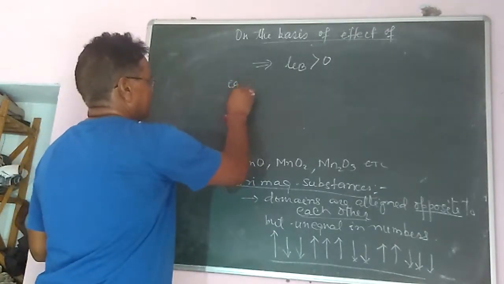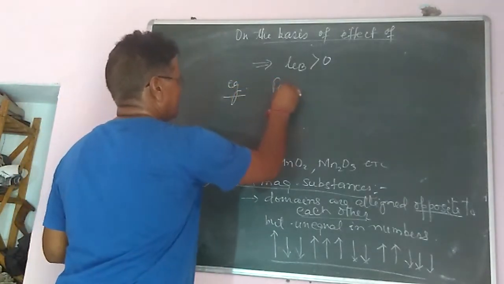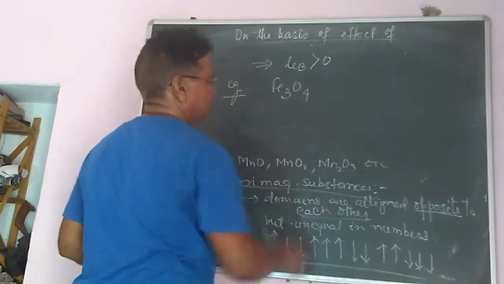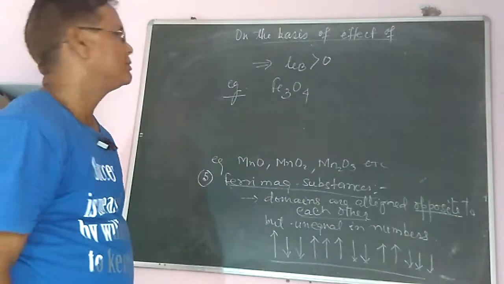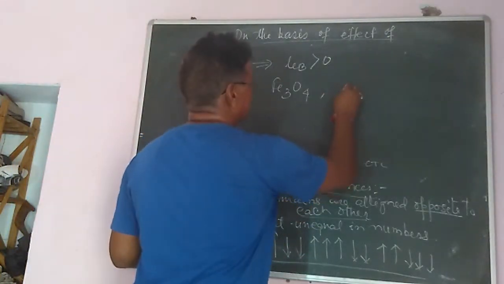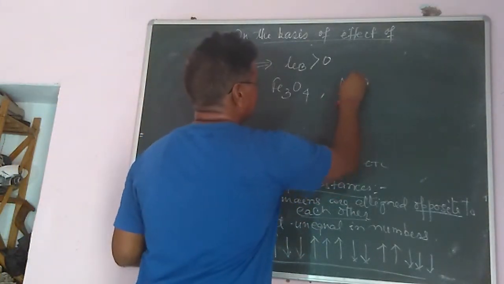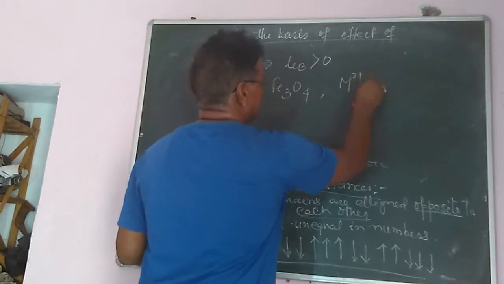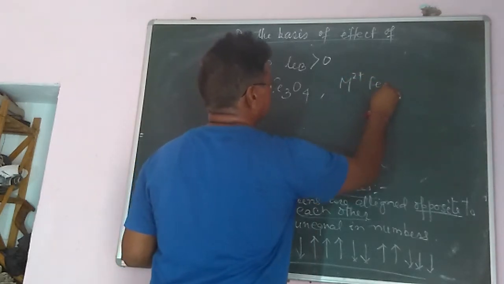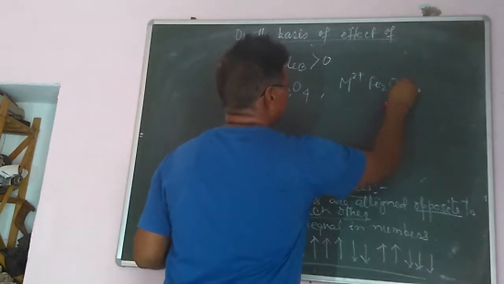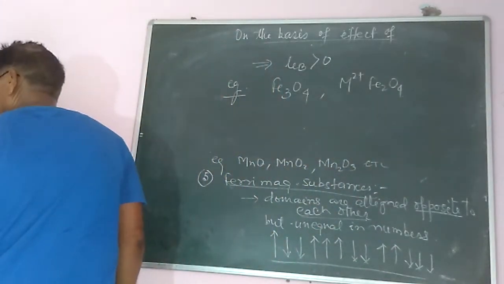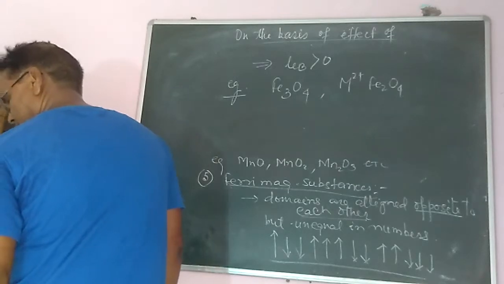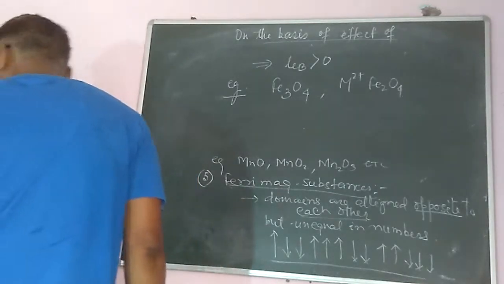As for example, Fe3O4, and also ferrites, MFe2O4. See here at example MFe2O4.